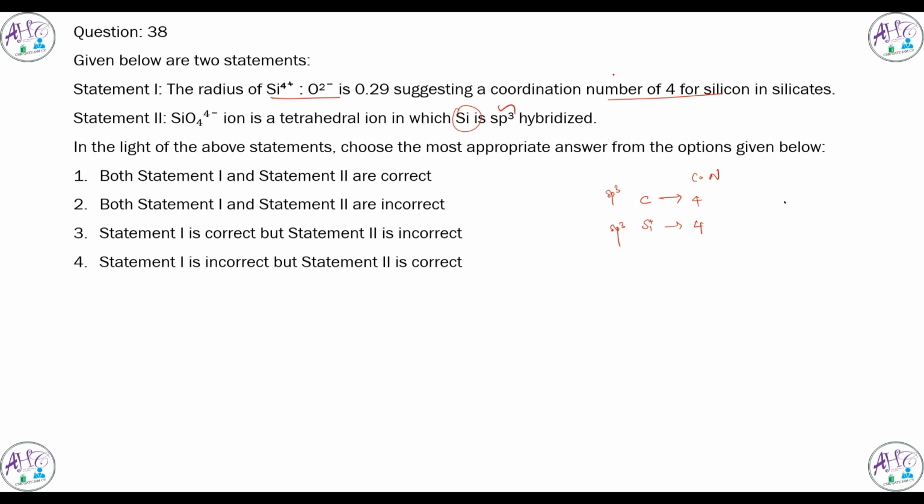Likewise, statement 1 is also correct because the coordination number for silicon is 4, so the radius ratio is also 0.29. Both statement 1 and statement 2 are correct. Since it's sp3 hybridized, it will have a tetrahedral structure, so this is a tetrahedral ion.